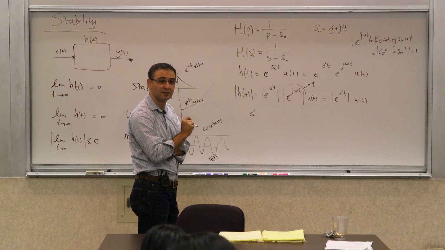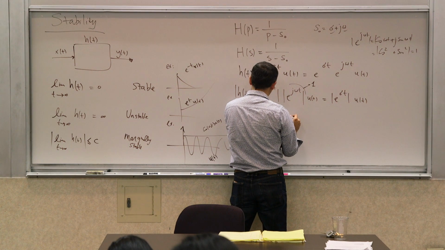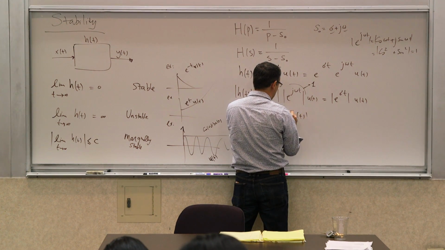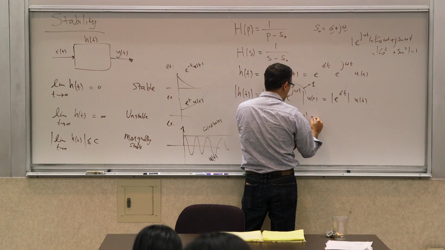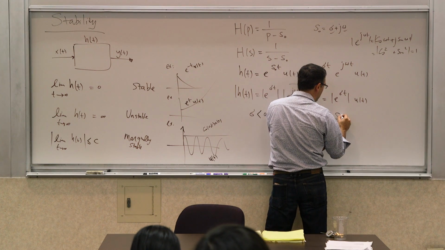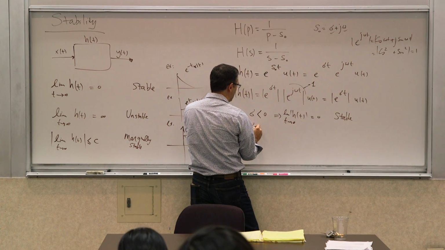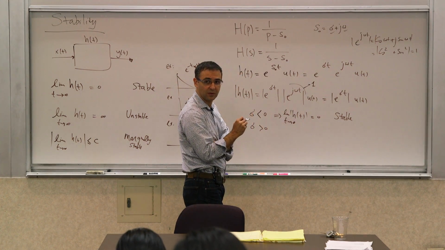Negative. So if sigma is smaller than 0, then the limit of h of t when t goes to infinity is going to be 0. So it's stable. And if sigma is greater than 0, what is it going to be?